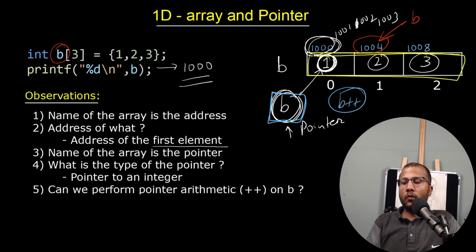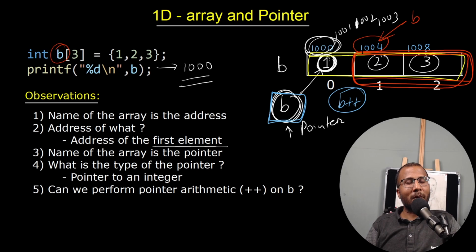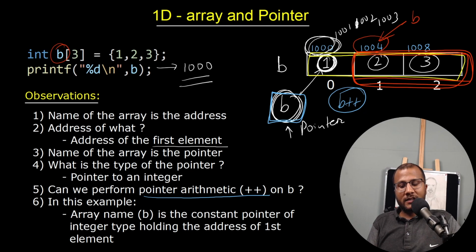Now once I increment B, the array is these 2 elements only. So I have actually modified the array itself. That should not be permitted. Therefore you cannot increment B, because B is a constant pointer. So the array name is a constant pointer, in this case of integer type, which holds the address of the first element.